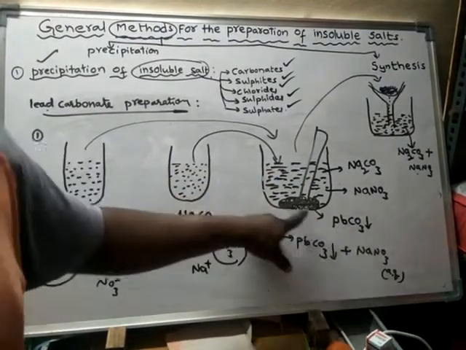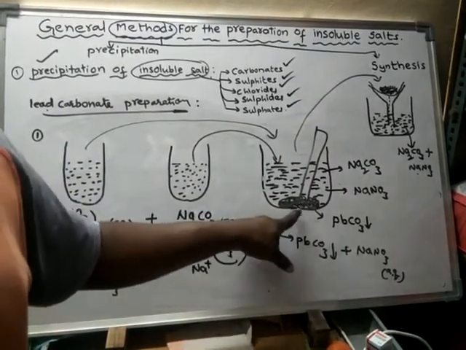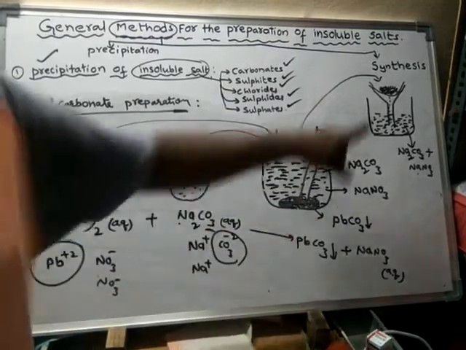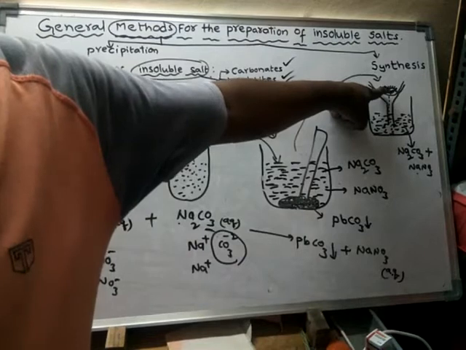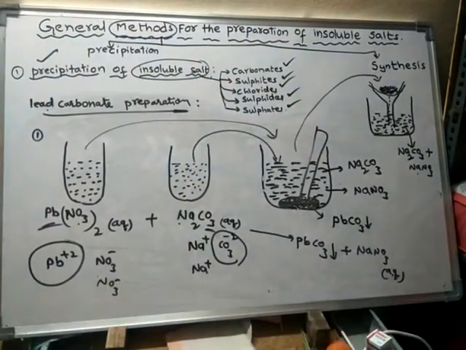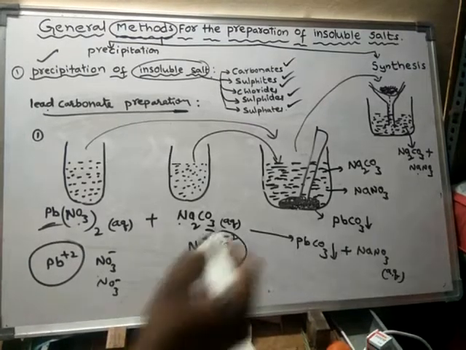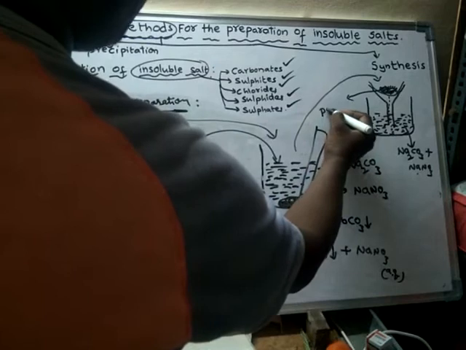As this is an insoluble salt, it is settled at the bottom. It is called a precipitate. This precipitate is collected, it is separated. During the filtration, the precipitate remains as a residue on the filter paper. What is this one? This is lead carbonate.